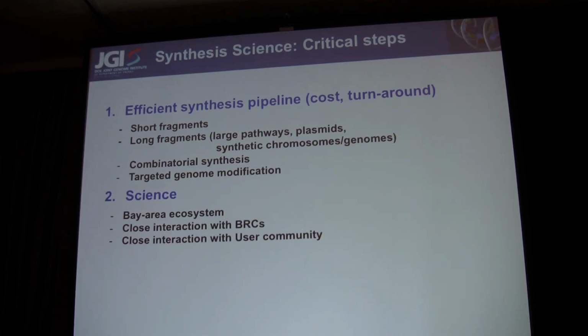We need to be doing very compelling science. I think we're fortunate to be in the Bay Area, and there's a lot of activity in synthetic biology, but we're also counting on close interactions with our BRC collaborators, and also with our user community coming up with very interesting and exciting projects.